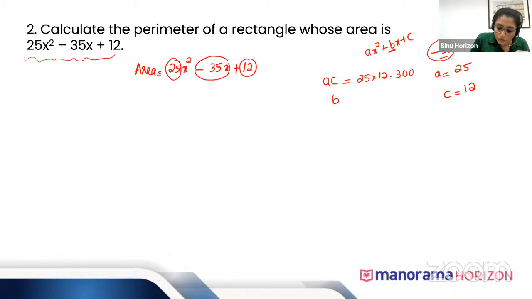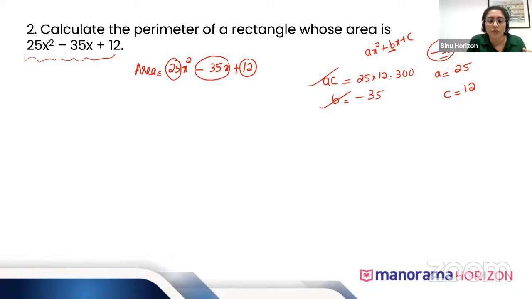So I want two numbers: first number plus second number should give minus 35, and first number multiplied by second number should give 300.